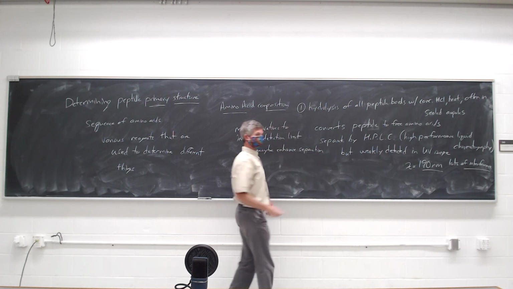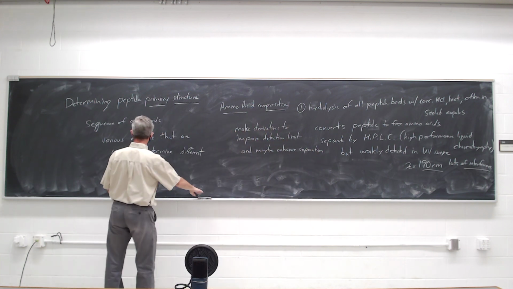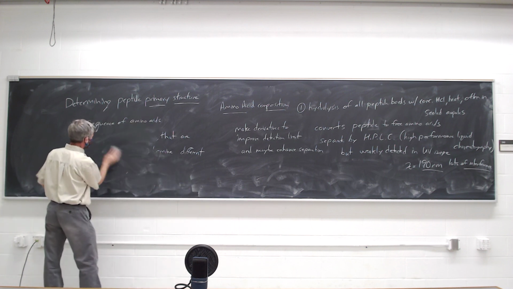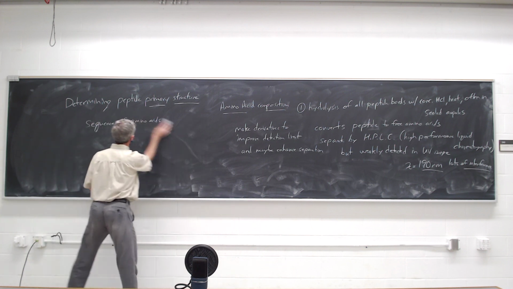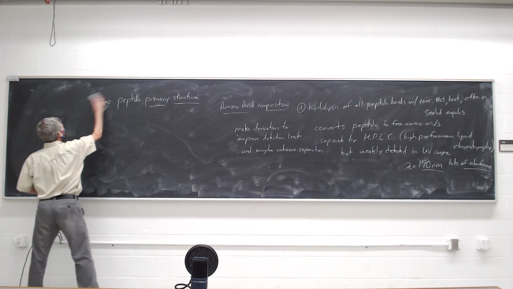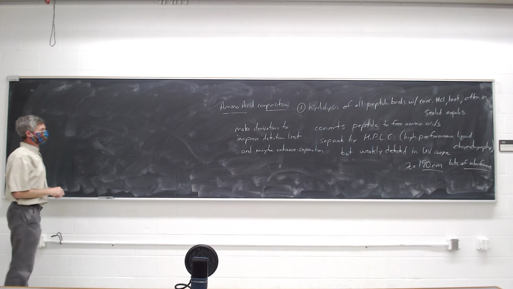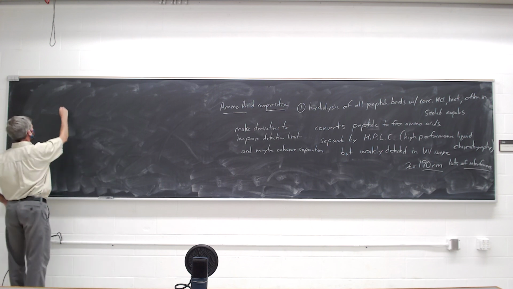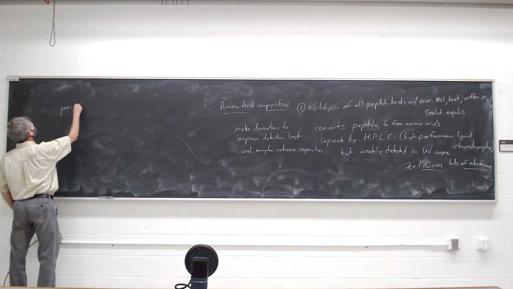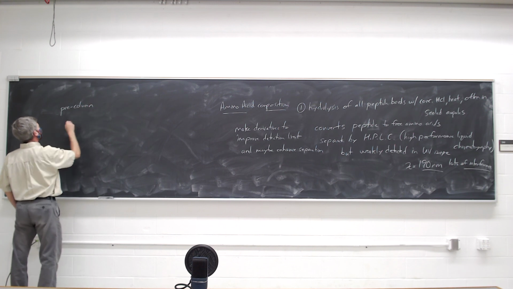Right, maybe the free amino acids don't separate very well in HPLC, but if we make derivatives of them, we can get those to separate. That derivatization can happen either pre-column or post-column.